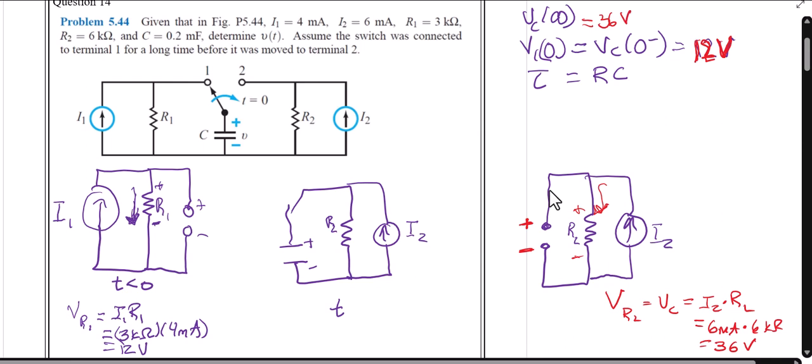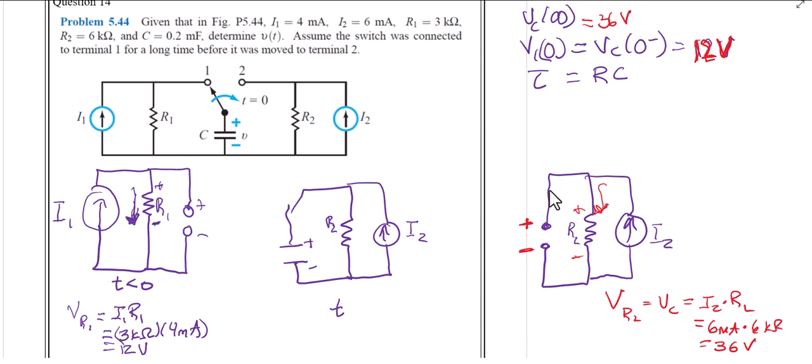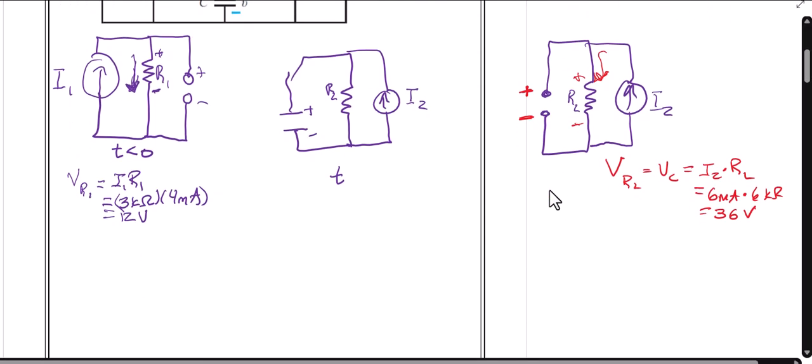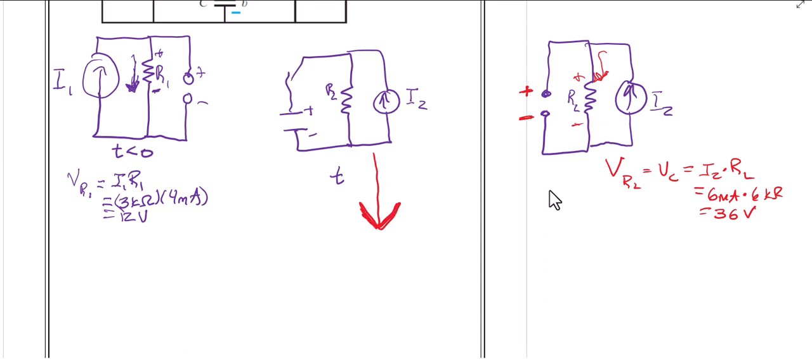The capacitance is given. We have that. That's 0.2 millifarads. Now we just have to get the resistance. So to get the resistance, we take this form of the circuit, and if we have any voltage sources, we short them out. If we have any current sources, we make them open circuits.